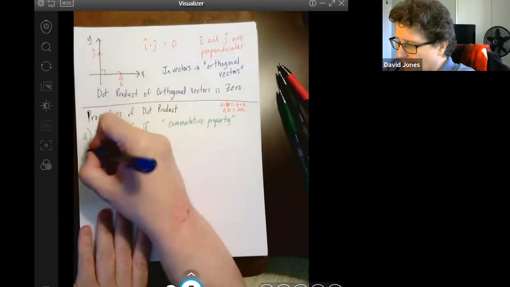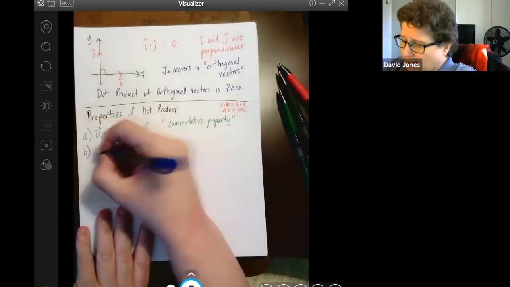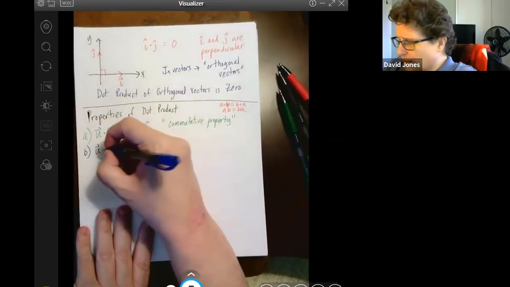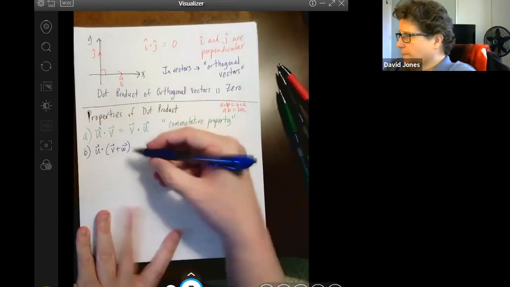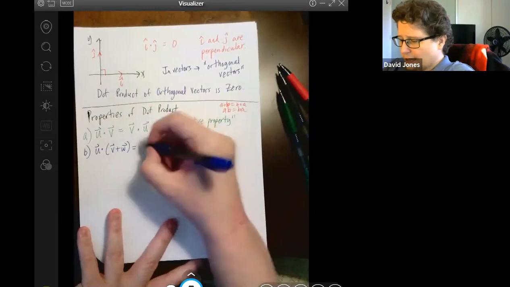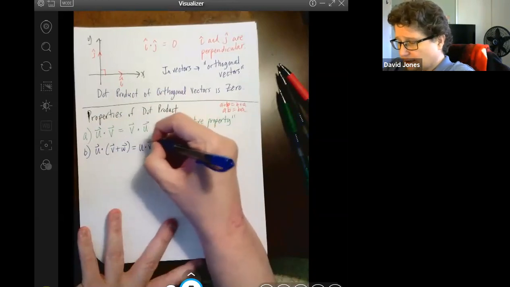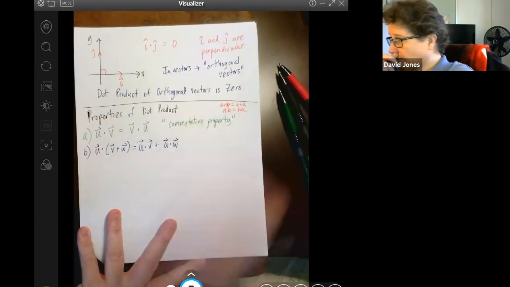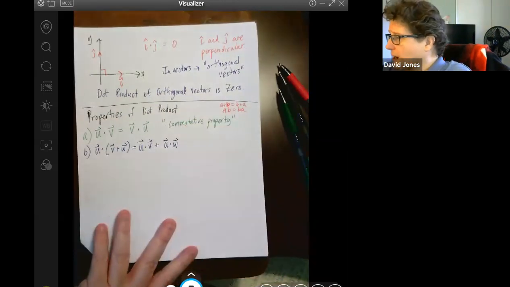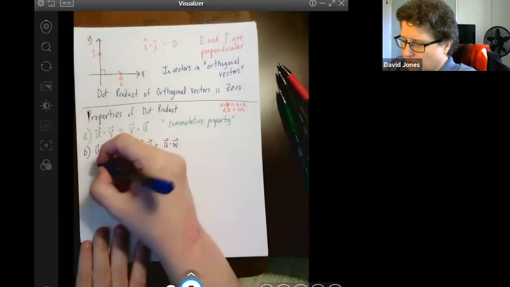Another property we had was the associative property. If I have u dotted with v plus w, this is the same thing as u dotted with v plus u dotted with w. And we can change that order, of course.